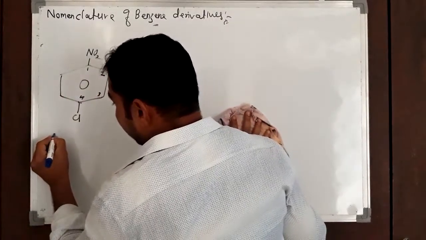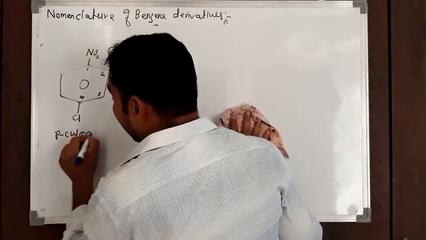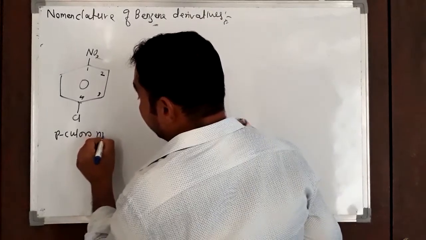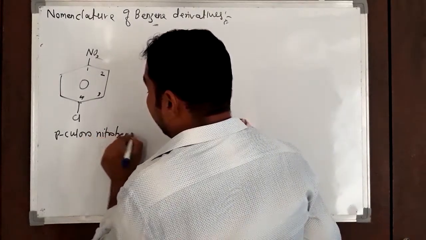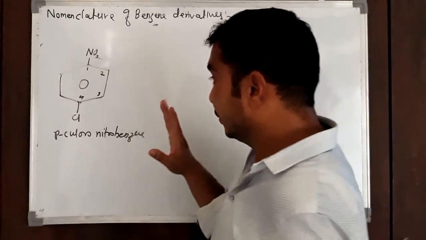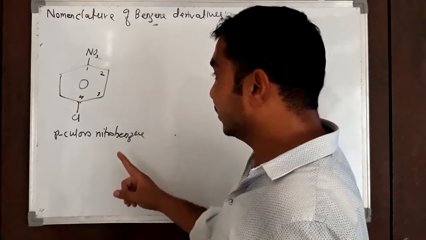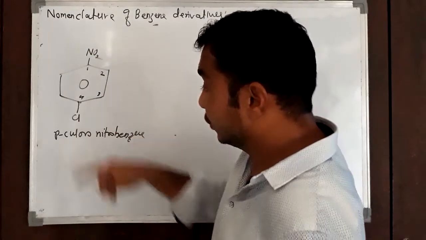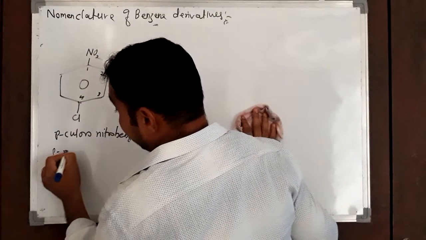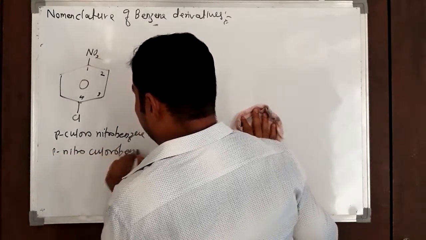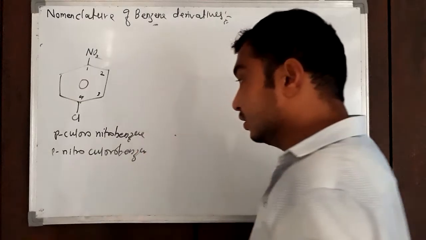So P chloro, because chlorine is present at para position, so P chloro nitrobenzene. Or if preference is given to nitro group, then nitrobenzene. If preference is given to chlorine, then P nitrochlorobenzene. Both are same.